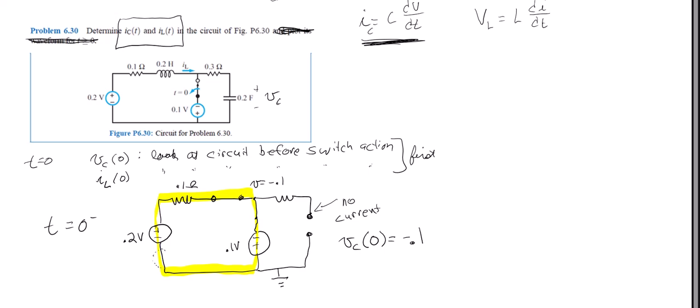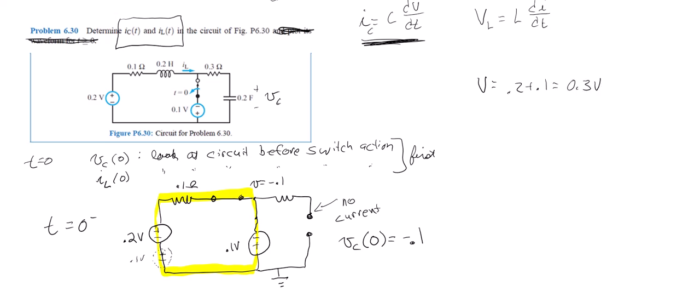It just kind of helps me to visualize it. If I did that, then on this side, if I just moved it over here, the plus would be on top. And so I can see that these two are in the same orientation. And so that means that my total voltage is 0.2 plus 0.1 is 0.3 volts.